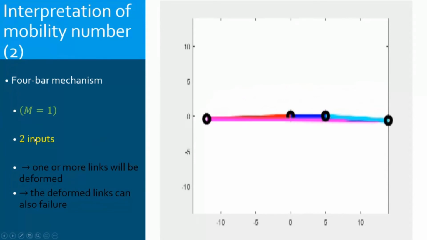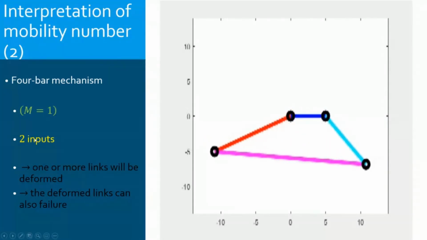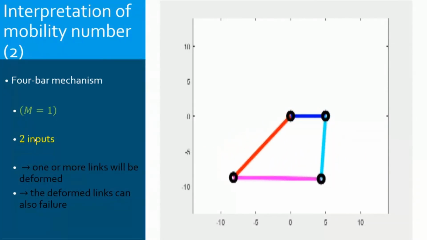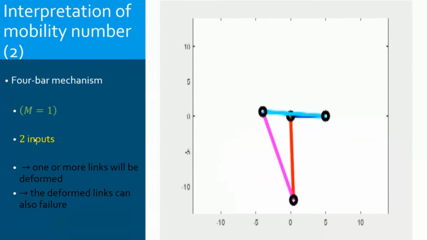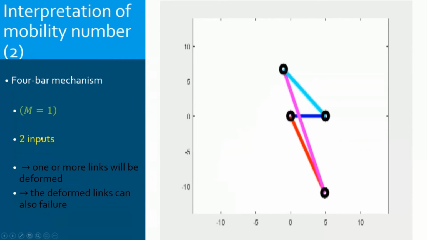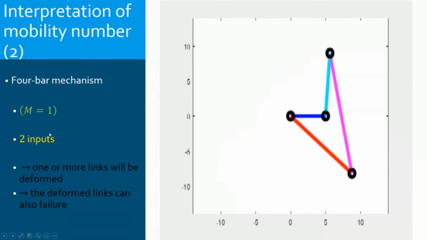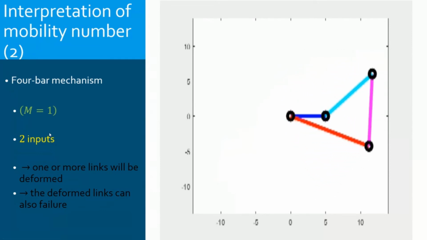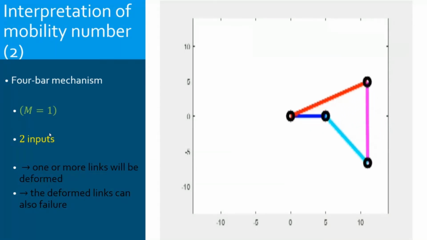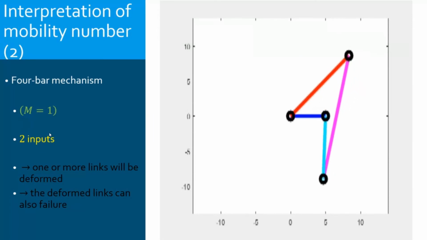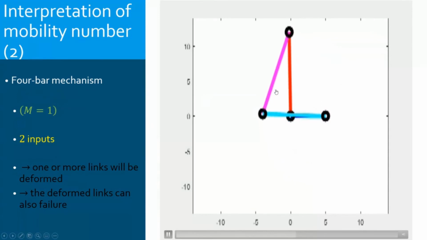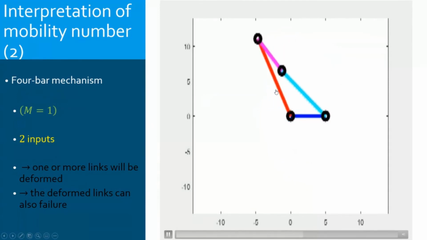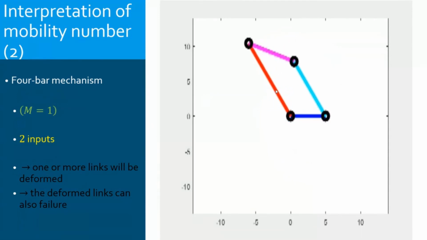So if we control more inputs than what is required by the mobility, necessarily one or more links will be deformed, and this is against the assumption of mechanisms. Mechanisms should consider only rigid bodies. The deformation can be so significant that it can induce failure.